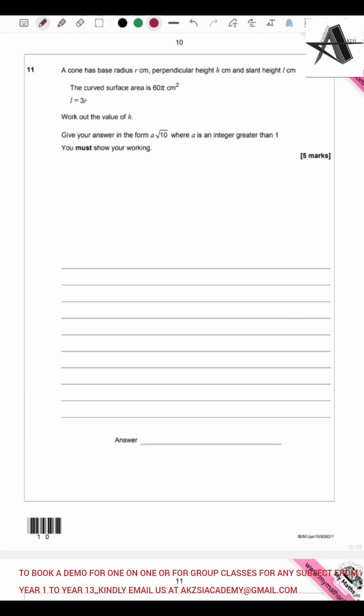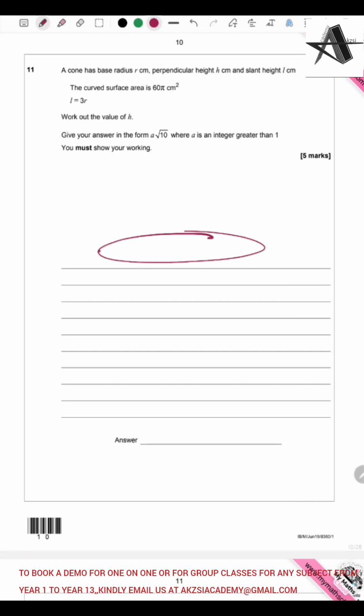So the main thing that we have is the surface area of a cone. The important thing is only curved surface area they are talking about. They're not talking about the total surface area. In a cone, we have two different surfaces. One surface is a curved surface, and another surface is a circular one.